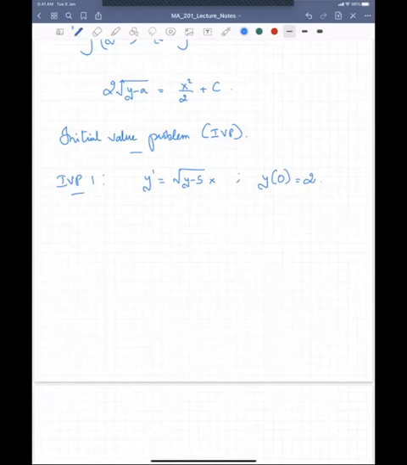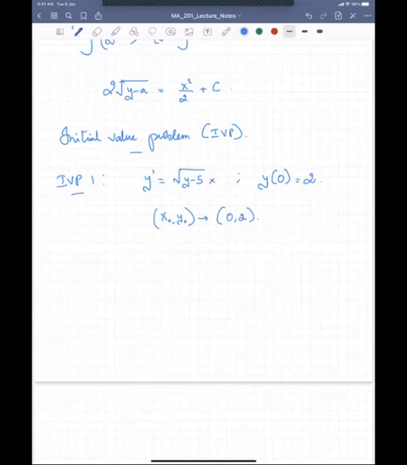So an initial value problem specifies a pair of points, x0, y0. At the point x0, the value y0 is actually given to you. So your solution should conform to this particular point. So x0, y0 in our case is 0, comma 2.